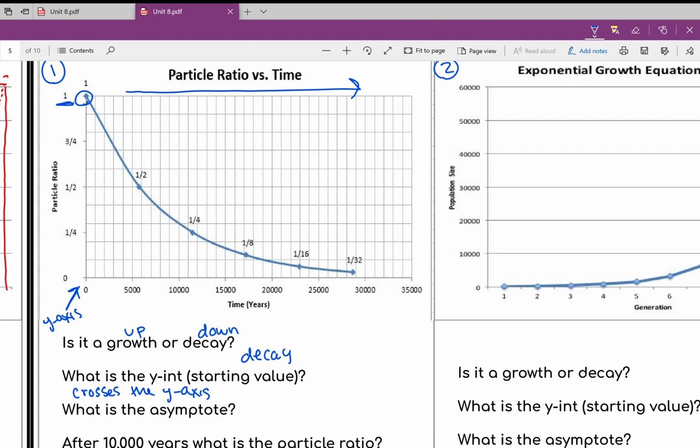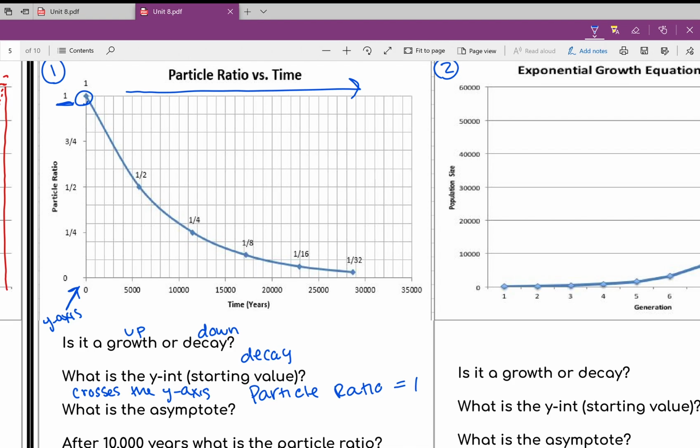So our y-intercept, or our starting value, is 1. If we look at the units, it says particle ratio, so the particle ratio equals 1.